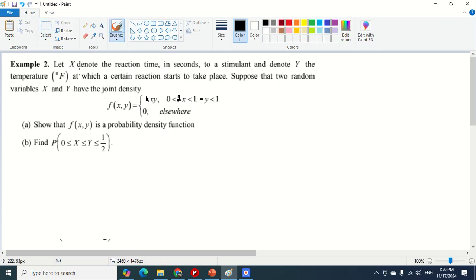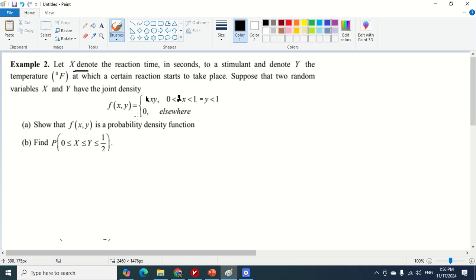So let us take a look at this question. Let x denote the reaction time in seconds to a stimulant, and y the temperature at which a certain reaction starts to take place. Suppose that the two random variables x, y have the joint density as follows.